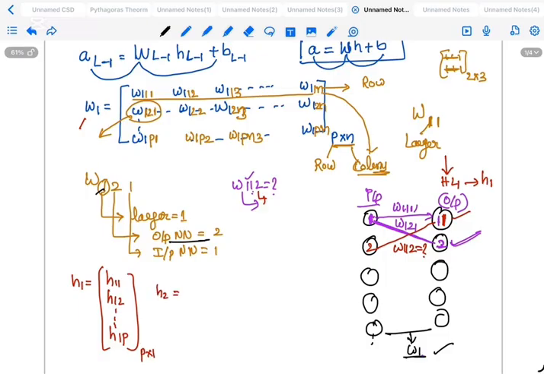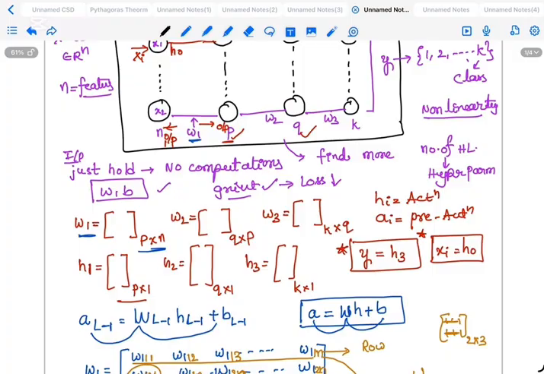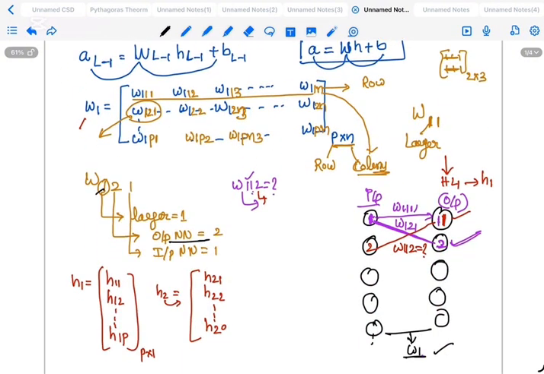H2 is the second layer, starting with 2: H21, H22 and so on. How many neurons in this second layer? Q neurons, that is Q cross 1. H3 starts with 3: H31, H32 and so on. K neurons, that is the output classes, H3K, K cross 1.